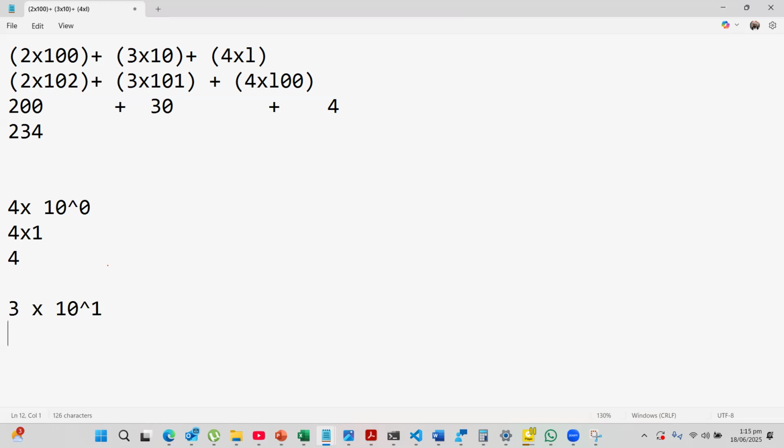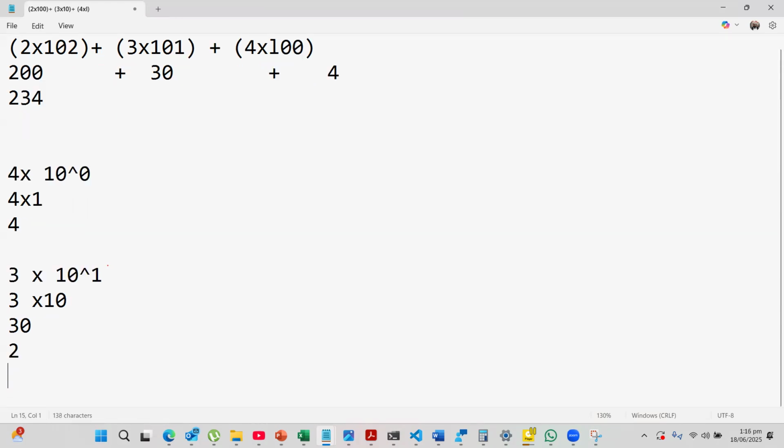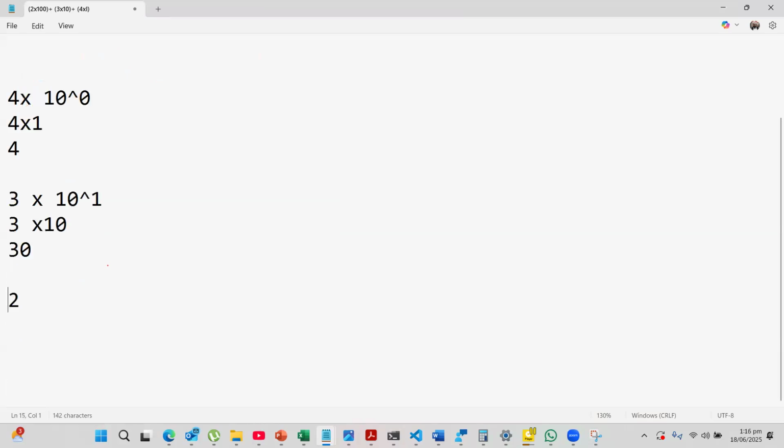10 raised to the power 1 would give me 10. That means I have 3 times 10 being equal to 30. Then if I have 2, it is 2 times 10 raised to the power 2. That technically means 10 times 10.